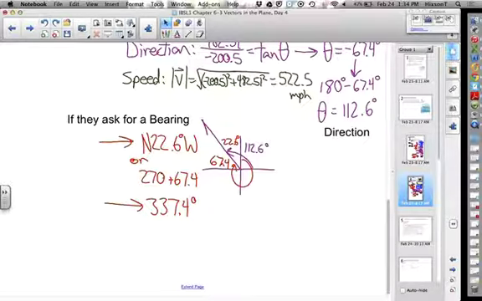Orienteering will sometimes use these directions here, the north, whatever degrees west, or stuff like that. That's the compass mode. When you report 337.4, do you just put that, or do you put bearing north? No, you would just say it's a bearing of 337.4.